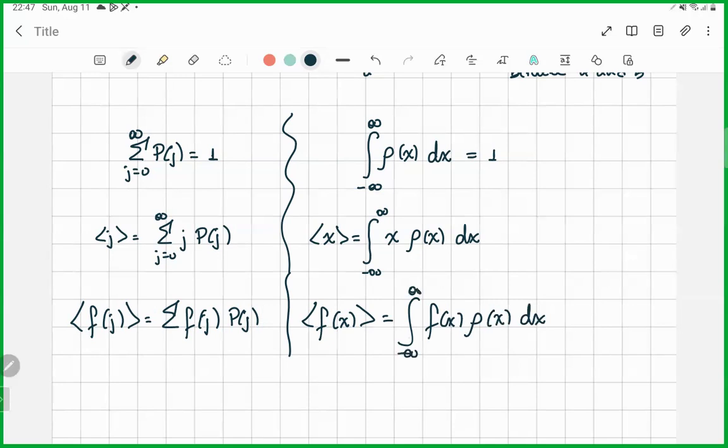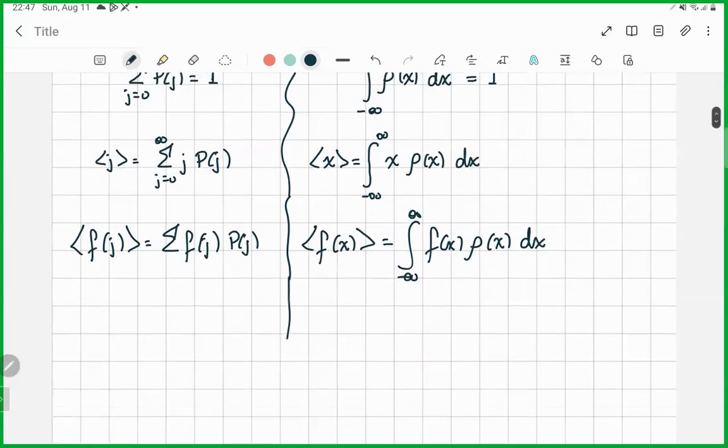And finally, we talked about variance. We found an equation for the variance, which we wrote like this. Well, the same thing is true here: the mean of x squared minus the square of the mean.